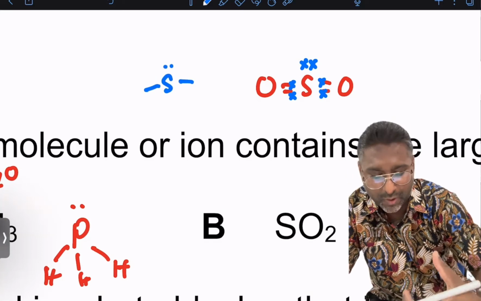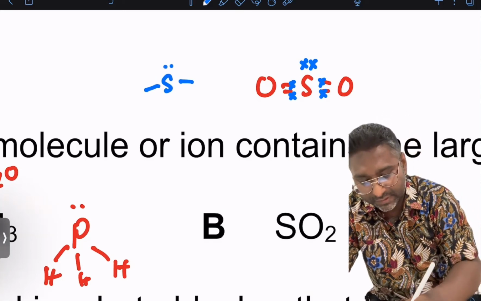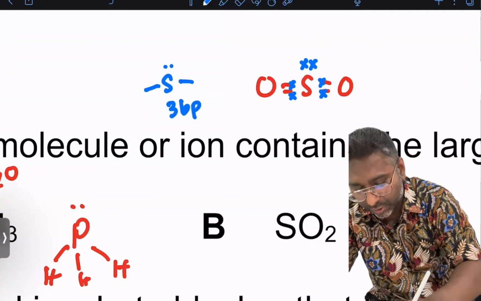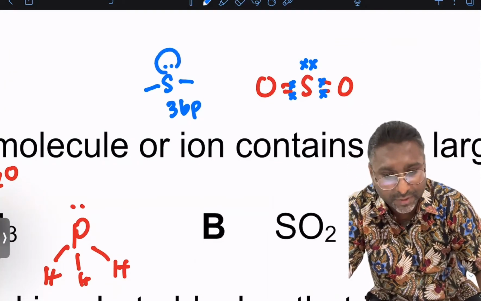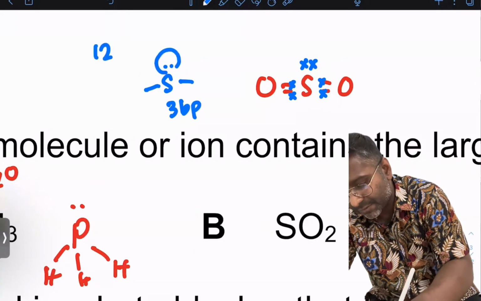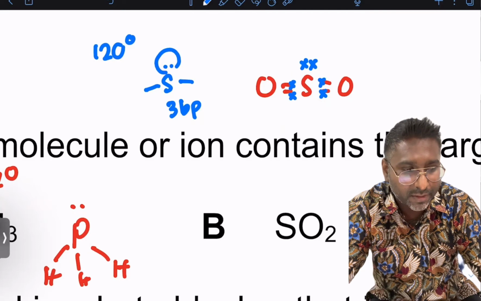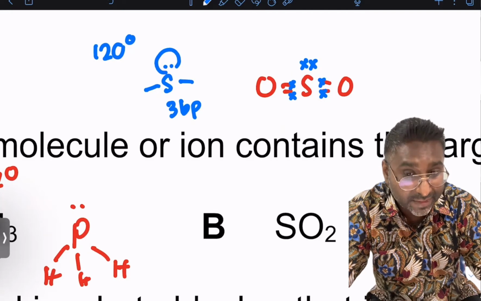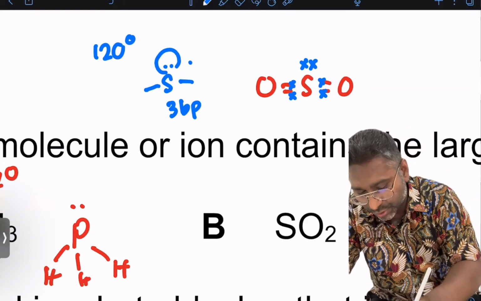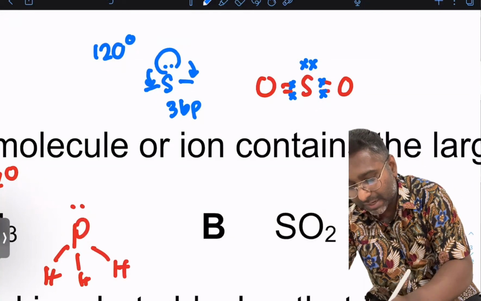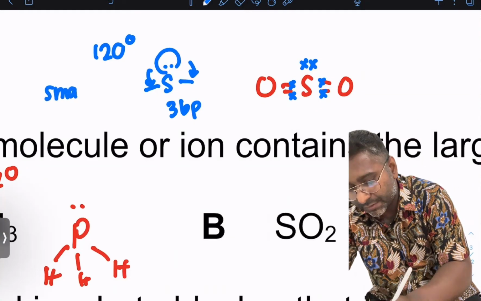So what is the bond angle? It is similar to 3 bonding pairs, because we are going to count this as a bonding pair, which is supposed to be 120 degrees. But do remember, because lone pair and bonding pair repulsion is greater, they are going to push the bonding pairs closer, so it will be slightly smaller than 120.